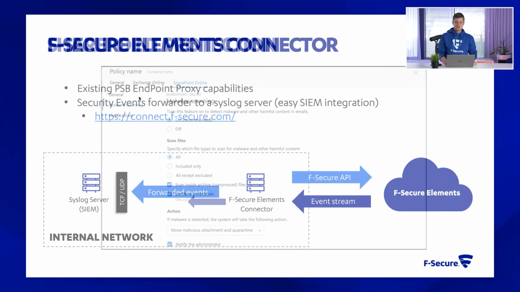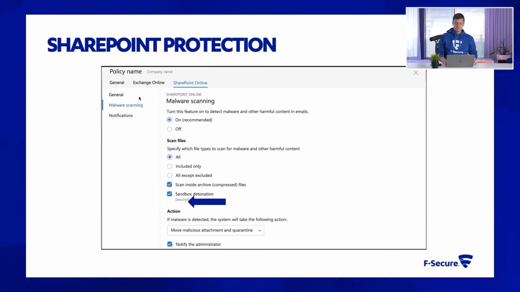Then SharePoint protection. This is the new thing that we are cooking at the moment. What it means is that now we have this Outlook or mailbox protection. We can analyze all your files. We can also sandbox your files, which means that we can do a deep investigation of that file in the email, checking whether it is something new, zero-day malware, so that we can block that kind of threat as well.